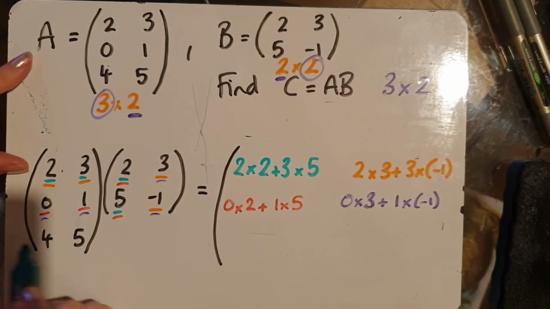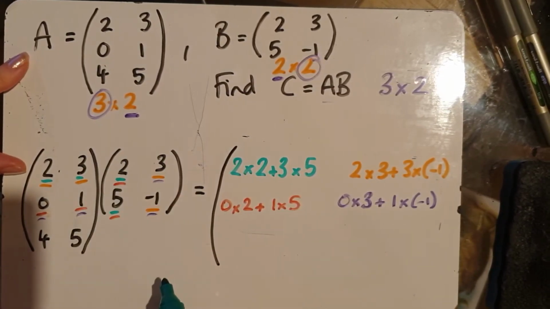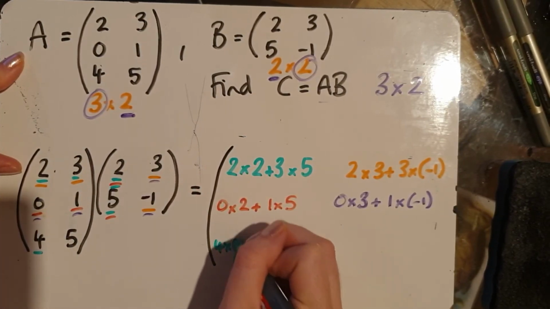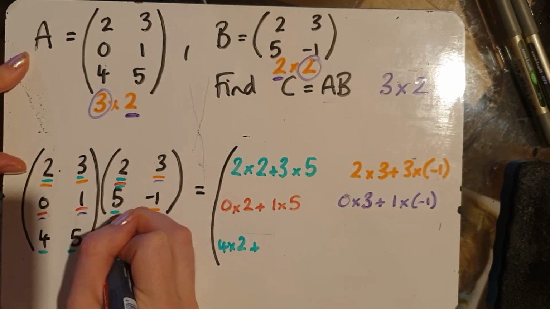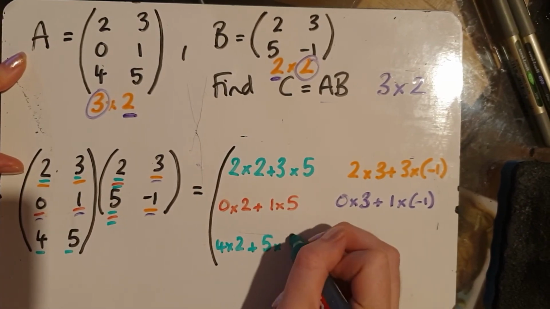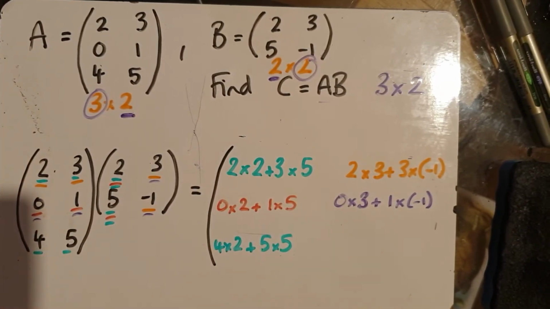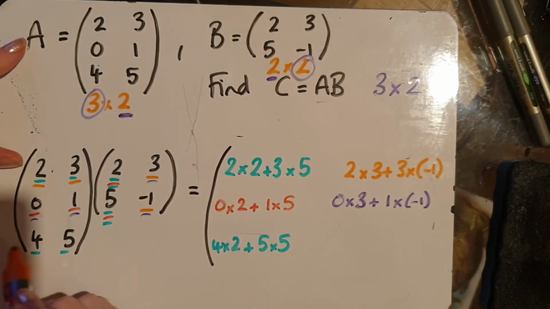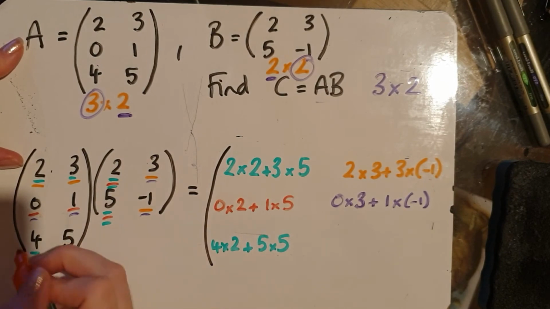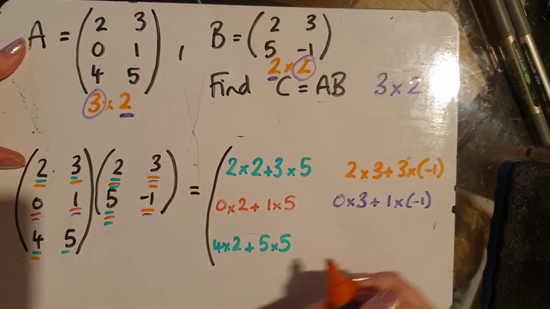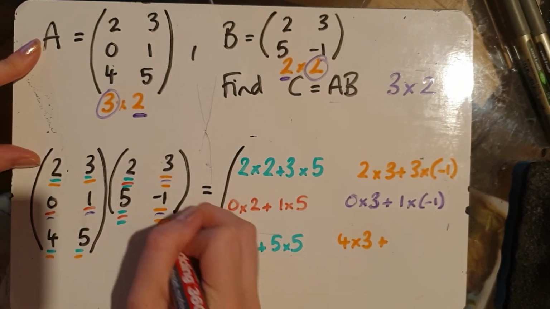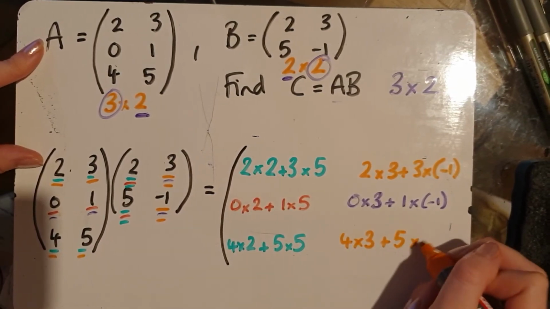Then I'm in the third row, first column, so I'm going to do 4 times 2 plus 5 times 5. And then finally, third row, second column, I'm going to do 4 times 3 plus 5 times negative 1.